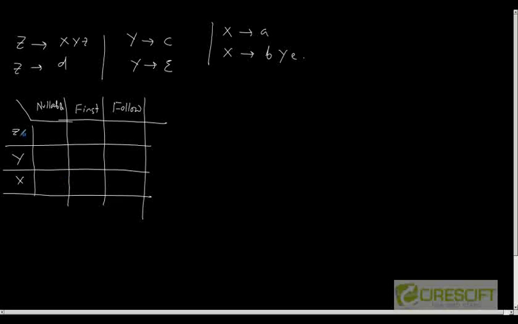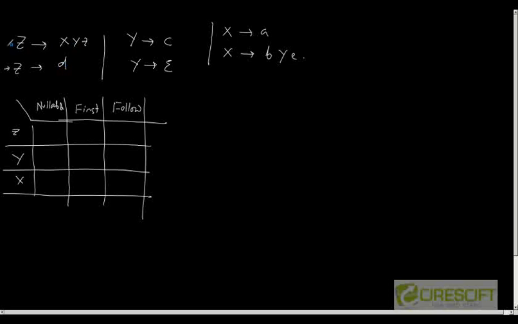So what will be the nullable of Z? Nullable of Z is false because it cannot generate an empty string. You can see here Z is D, so it cannot generate an empty string.